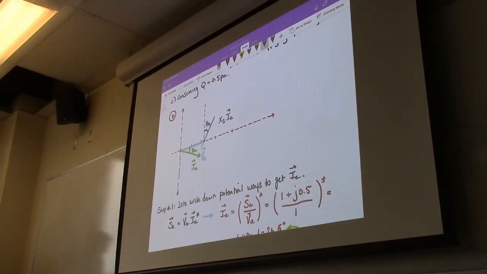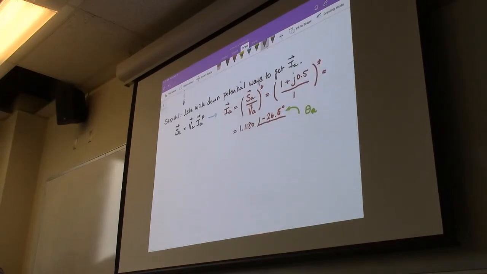It's going to be 1.2 times 1.1180. So the length is 1.34. I'll go ahead and write that down here.